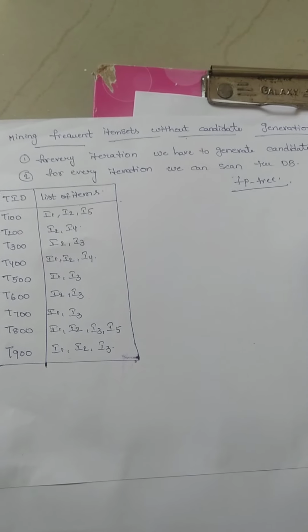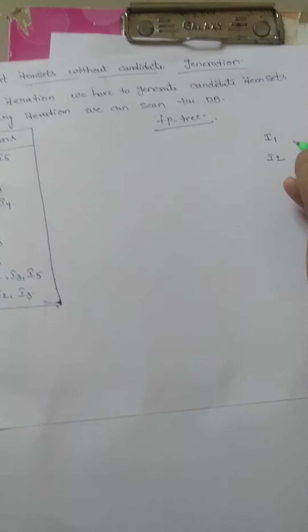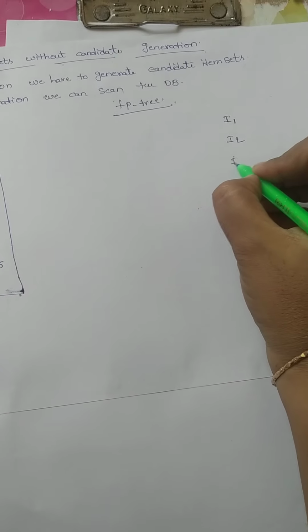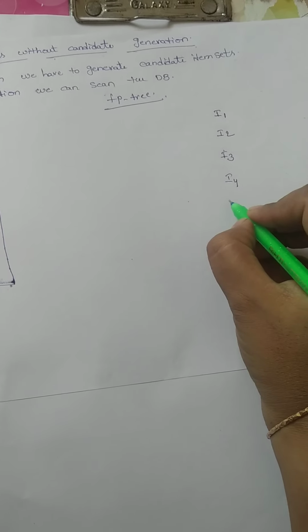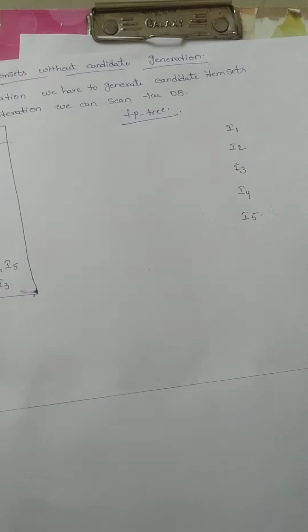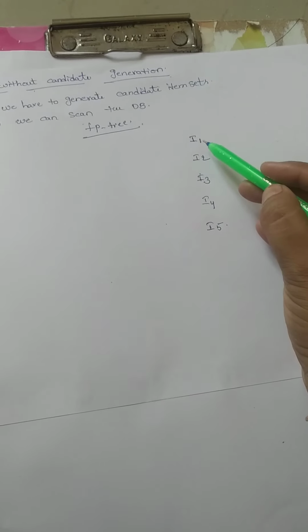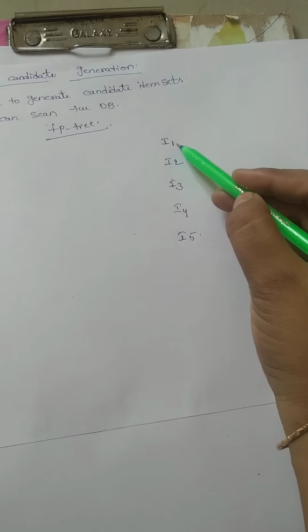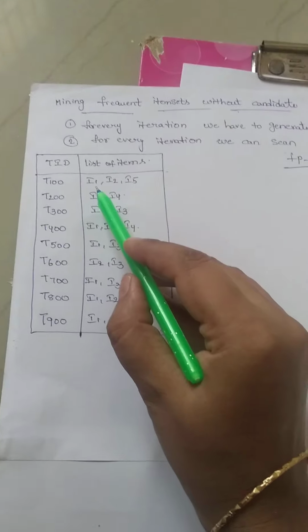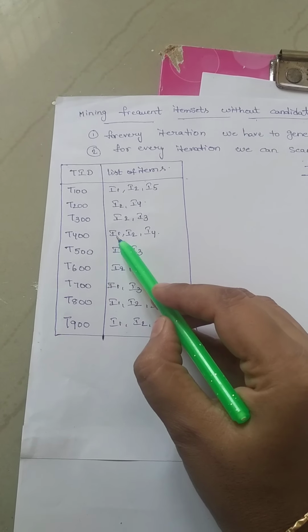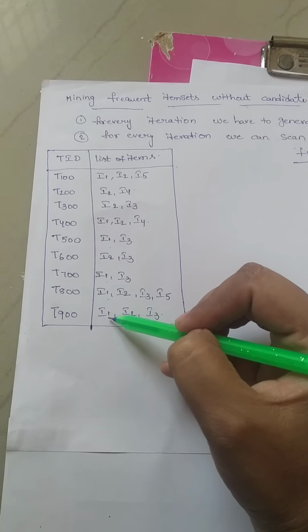The items are I1, I2, I3, I4 and I5. Next we count how many times the I1 item is present: 1, 2, 3, 4, 5, 6.